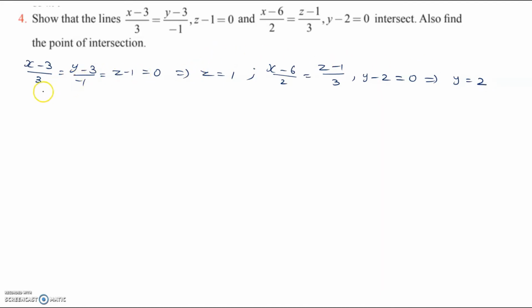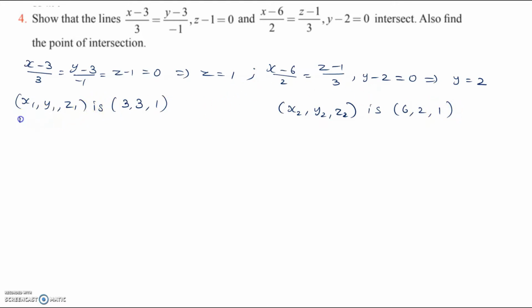So, if we are going to define them with the point and the direction ratios, our x1, y1 and z1 is 3, 3 and 1 for the first equation. And for the second equation, let's call them x2, y2 and z2, is 6, 2 and 1.